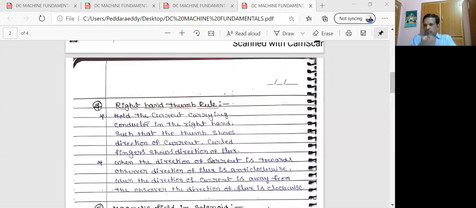So actually the direction of current is away from the observer, and the direction of flux or the curled finger direction is clockwise. Okay, are you clear?